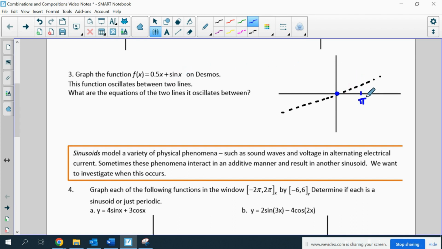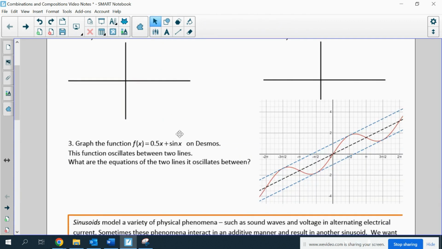So at pi, it's going to still be on the line. But essentially what's happening is as you're between 0 and pi, it's going to be a little bigger. And then from pi to 2 pi, it's going to be smaller. So kind of what's happening is your graph is going to look like the sine graph, except it's going to follow the line y equals 1/2 x.